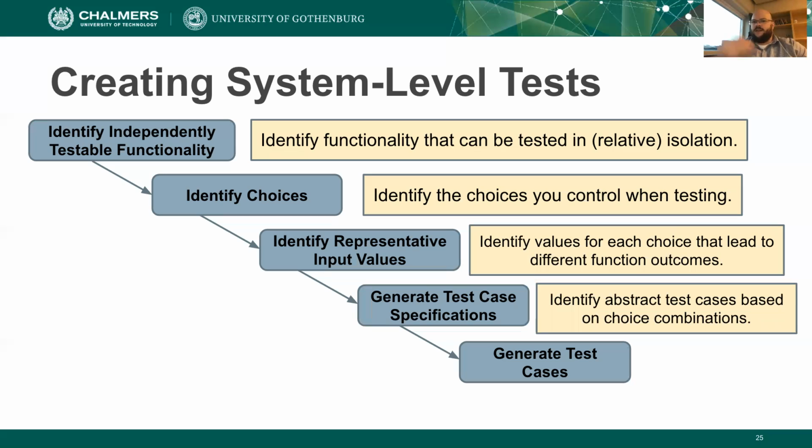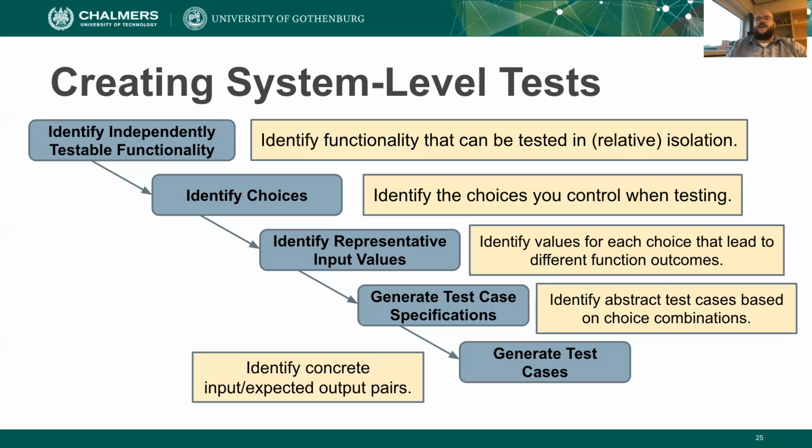So at a high level, what kind of test could we write based on combinations of those choices? And then you can create from those concrete test cases, where rather than saying a positive integer greater than 2, you might put in 5, right? Where you go from abstract descriptions of test cases to the actual test cases you run on the system.